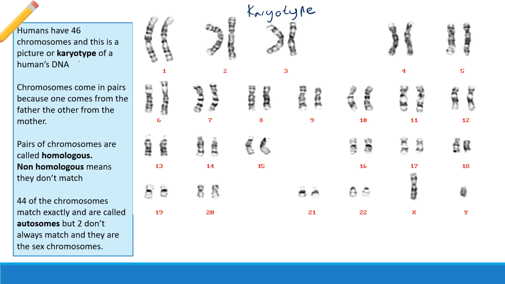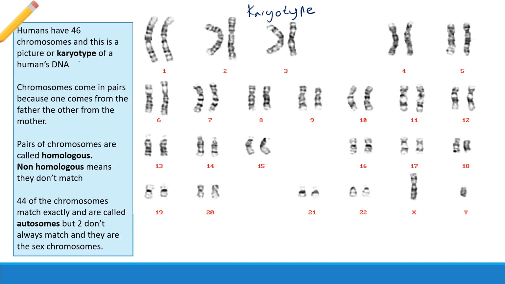Karyotyping or genetic testing, there are actually different websites and companies out there that will do this for you. 23andMe is one. But the idea is that karyotyping is this way of organizing all of your DNA.